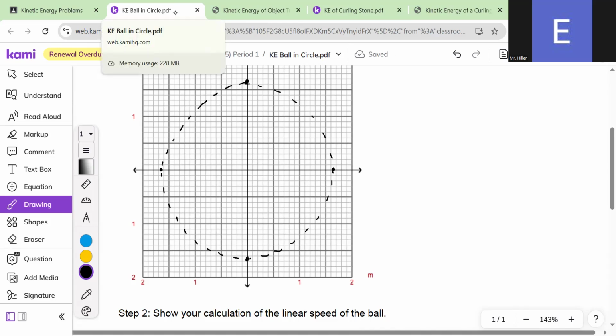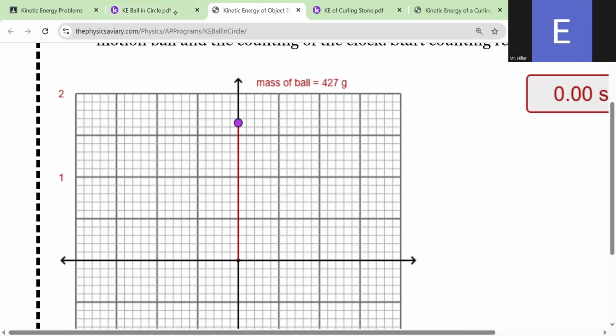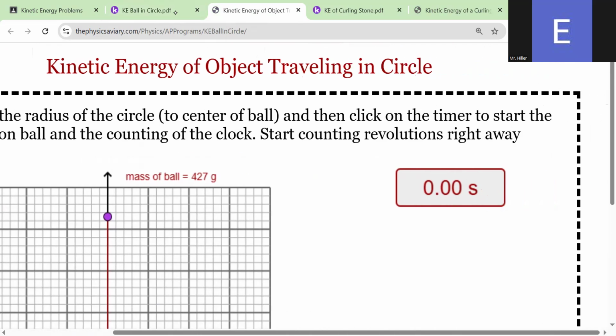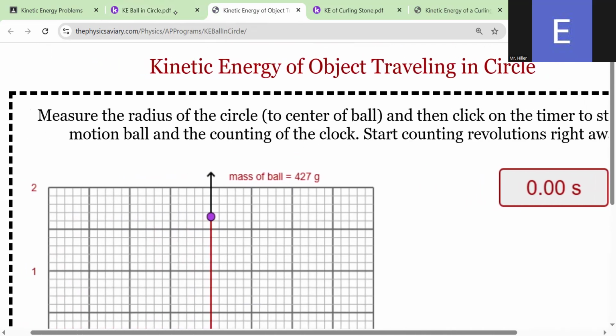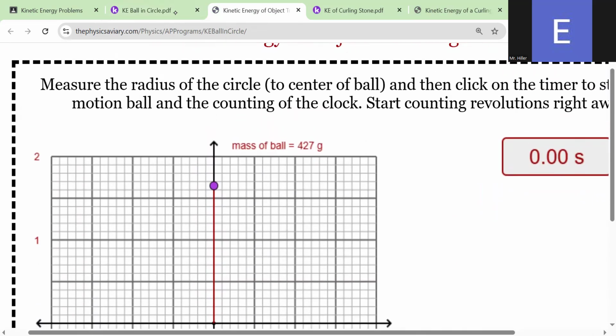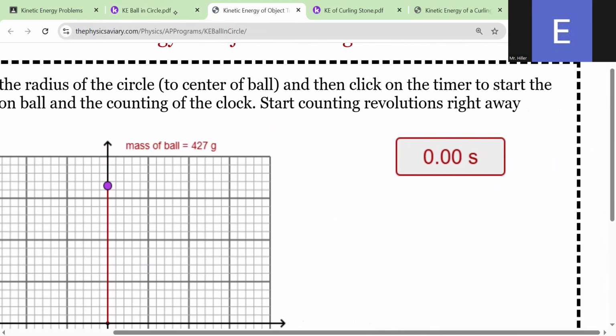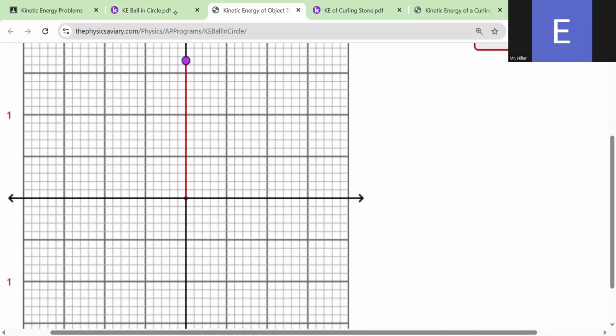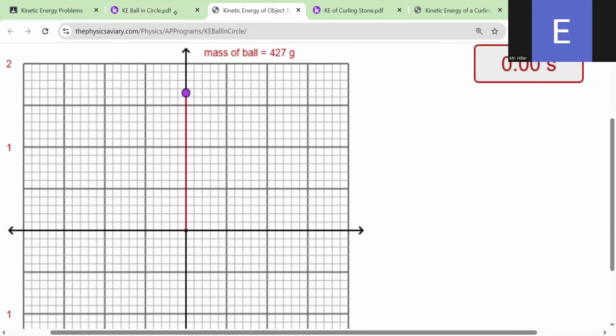Now, if you're not happy with your time, if you don't think that it's adequate enough, you can always reset. Okay, but I'm going to go ahead and time it. So to time it, you have to click on the ball, and we'll go ahead and start the clock. Oh, click on the timer.